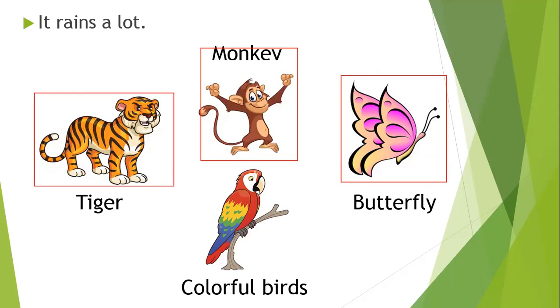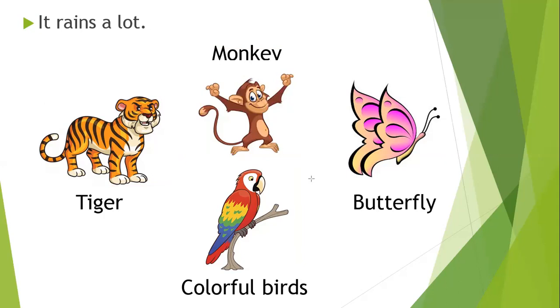A tiger can't fly. Okay? It doesn't have wings, it can't fly. Birds, okay, especially these colorful birds, can't eat meat. Okay, they can't eat meat. They're not birds of prey. Okay, that's what they can't do. But these are the 4 animals that we have in a jungle alongside the others that we saw in the previous slide.